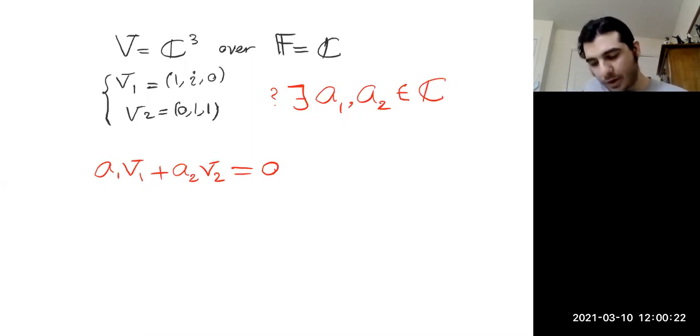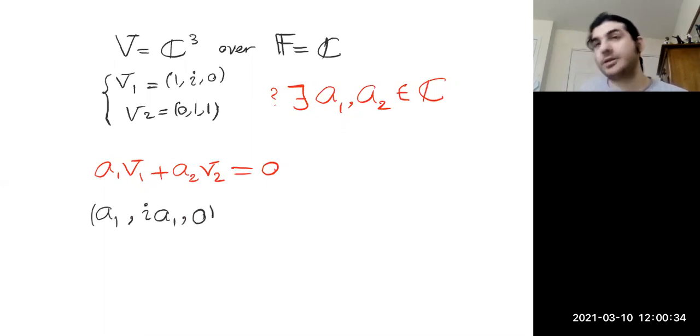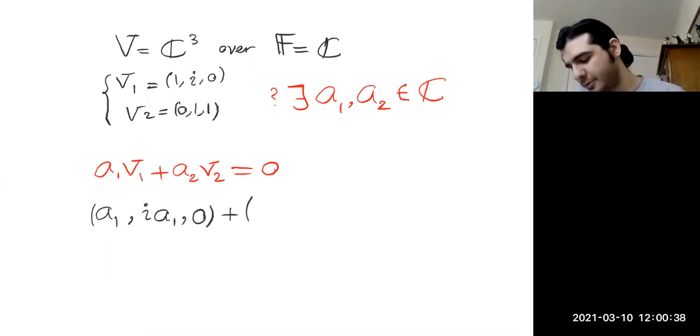Okay, let's first try to understand and address that question. A1 V1 would be equal to A1 times 1, A1 times i, and A1 times 0, which is 0, plus A2 times V2: A2 times 0, A2 times 1, A2 times 1.